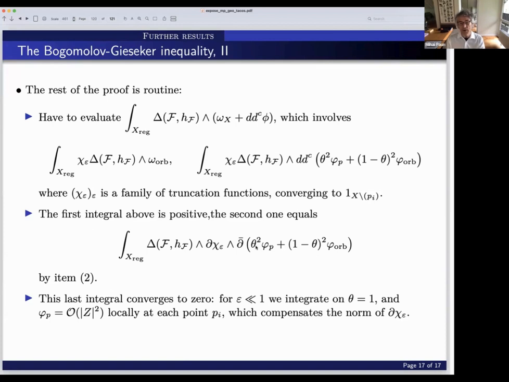So the differential that I have here will compensate the differential of the χ_ε, the norm of this one. So all in all, this term here will be bounded. And since you integrate something which is L¹ on a part of the manifold whose volume goes to 0, it can only converge to 0. So this is the main part of the proof, the fact that we can integrate by parts here.